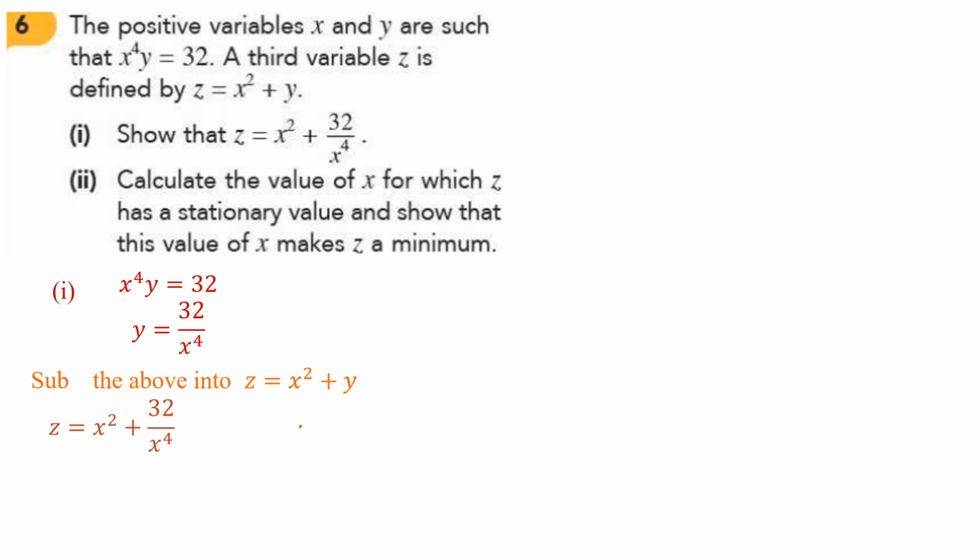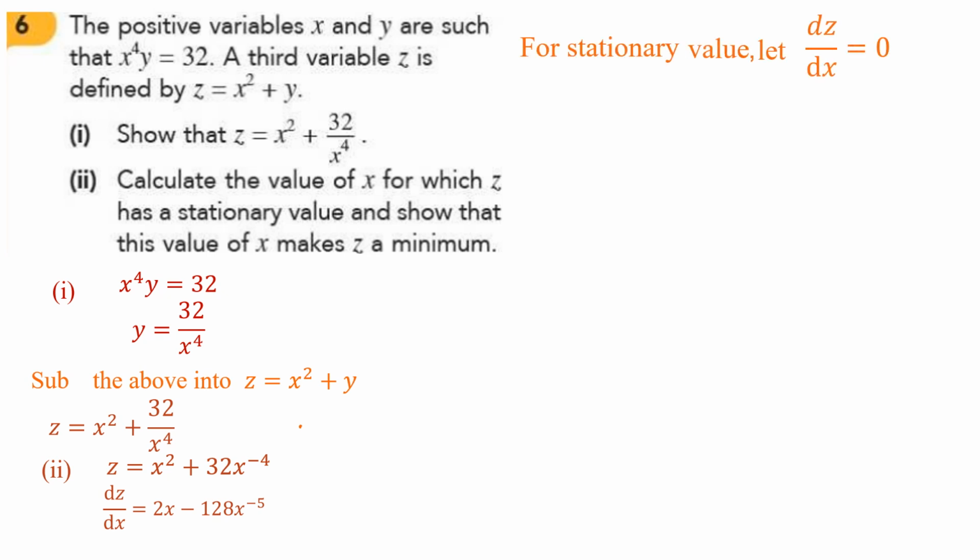We need to write that as a negative index to help us apply the power rule in part 2. Then we equate it to 0, because for a stationary value, stationary point, we let the gradient function equal 0.